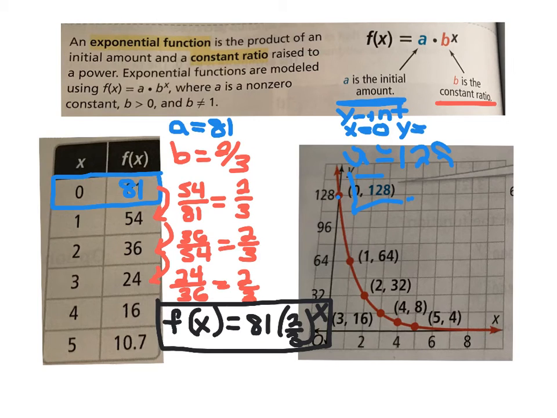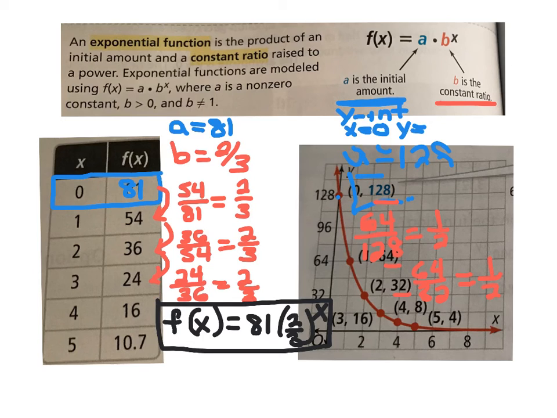Now we need to find our common ratio, or our rate of change. So if we take a look at our y values going down, let's see how we get from one to the next. If we take 64, because we always take the next one divided by the previous one, divided by 128, we get 1/2. If we take 64 divided by 32, we get 1/2.